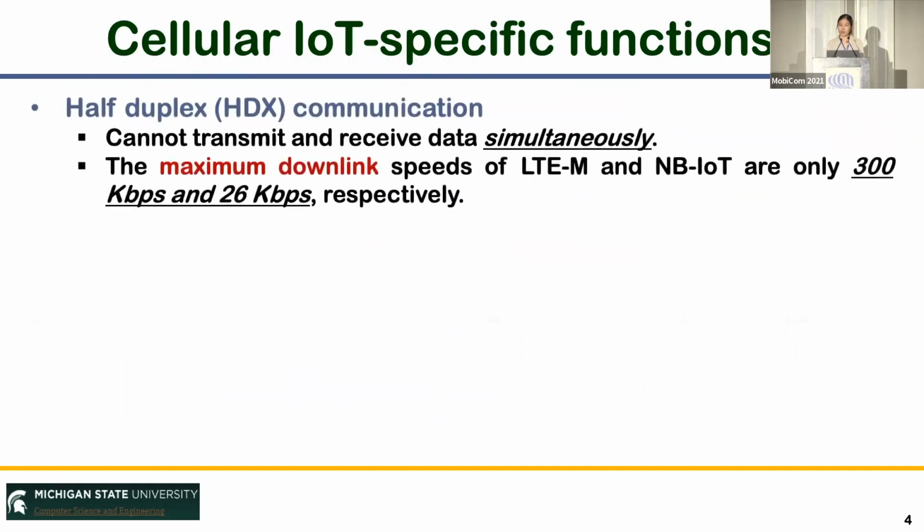Here, there are two major IoT-specific functions supported by both LTE-M and NB-IoT. The first is half-duplex communication, where an LTE device cannot transmit and receive data simultaneously. So it causes the maximal downlink speeds of LTE-M and NB-IoT to be only 300 kbps and 26 kbps respectively.